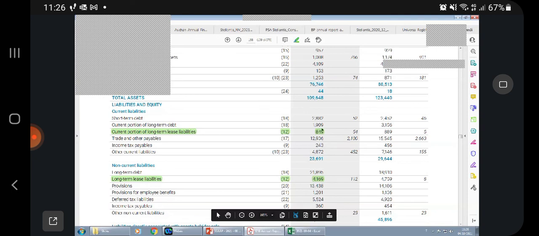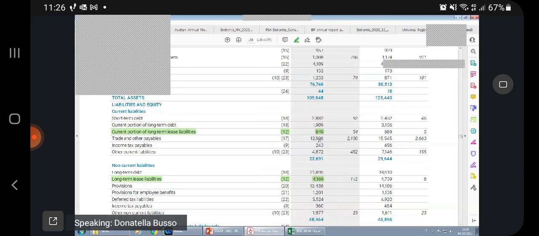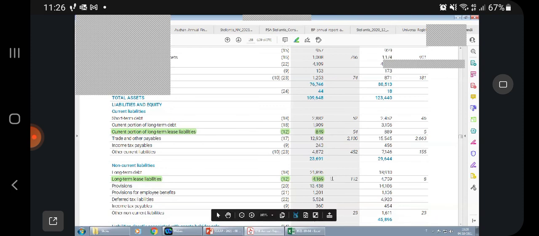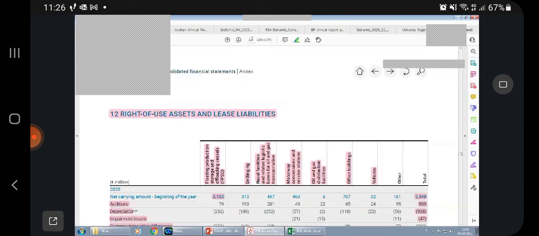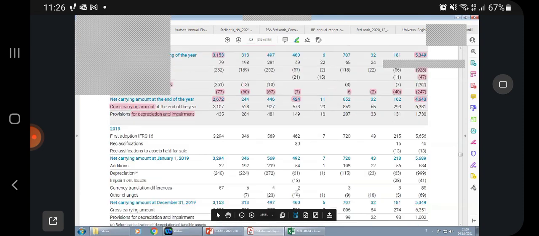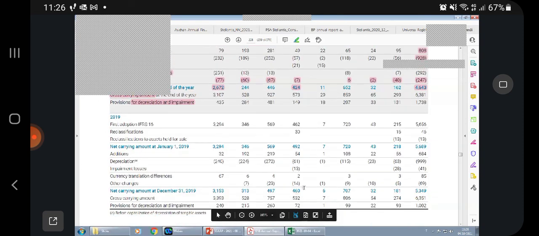But part of the amount is due by the end of the next reporting period, current portion. The other part, 4 billion, is due in 22, 23, 24. So the lease liability in our exercise, I simply presented as a whole amount.